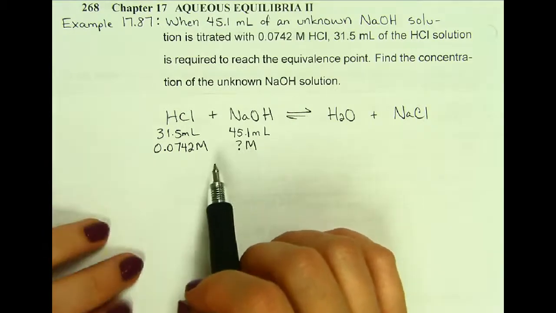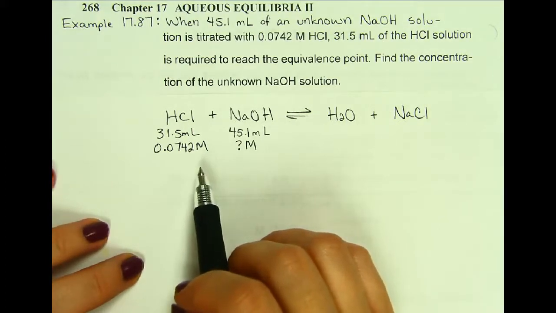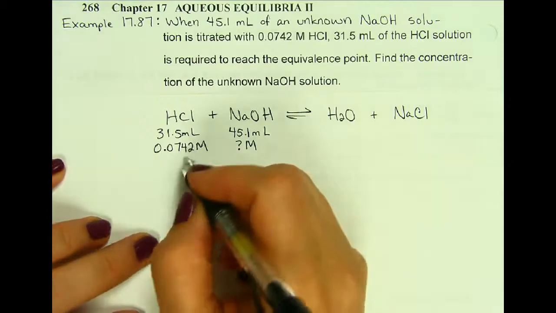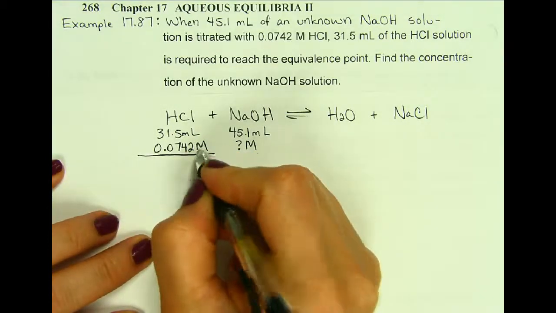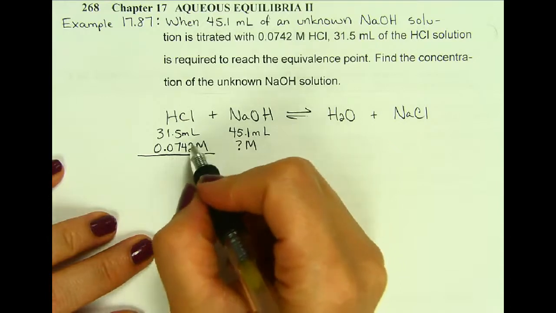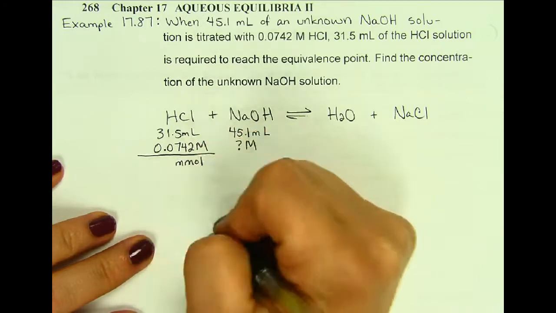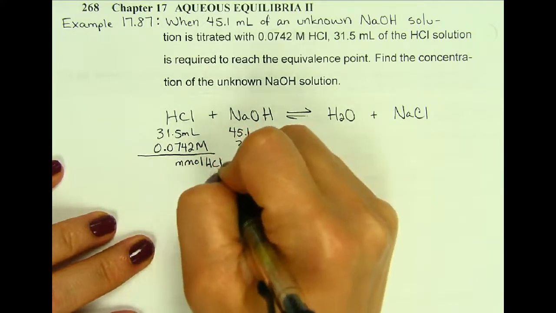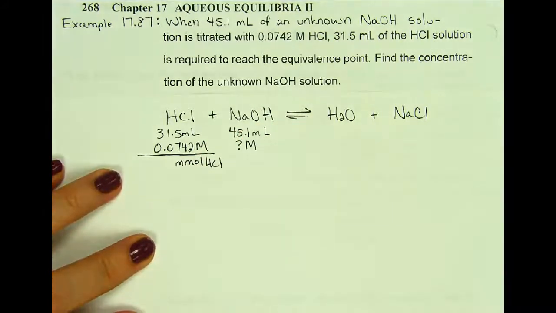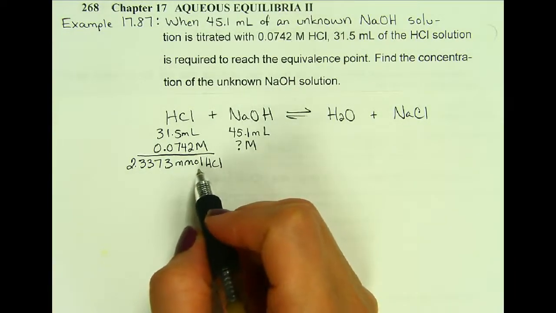So this reaches all the way back to last semester when we learned about stoichiometry of aqueous solutions. Notice that you have molarity times liters, and molarity times liters equals moles. That's a milli, so I'm going to just keep that, and we're going to have millimoles of HCl. When I multiply these, I get 2.3373 millimoles of hydrochloric acid.